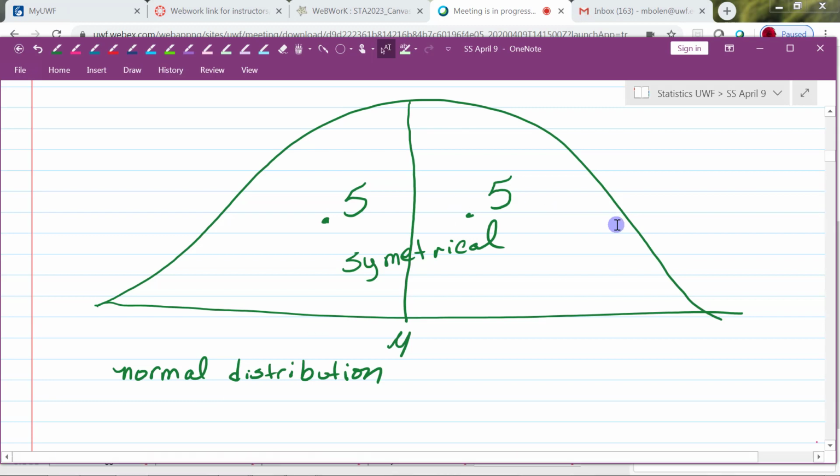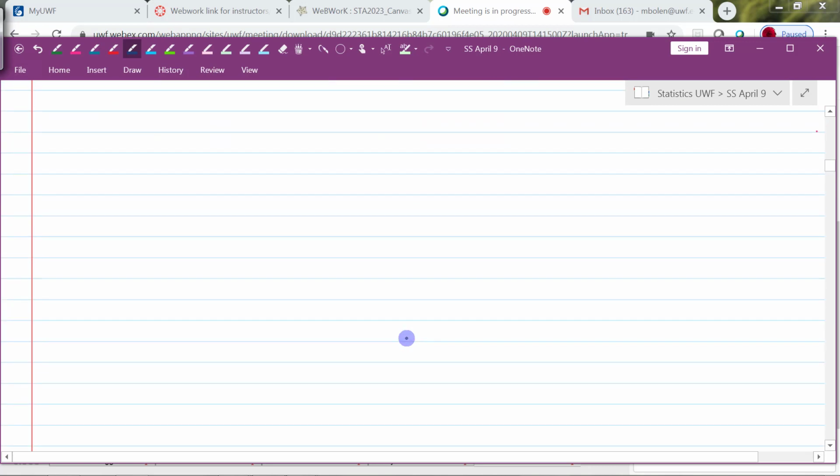Okay, so now we have a special distribution called the standard normal distribution. And the standard normal distribution is a normal distribution, except we standardized it. We put it on a standardized scale. And what we said is mu is always going to be in the center, and we're going to represent mu by the number 0.